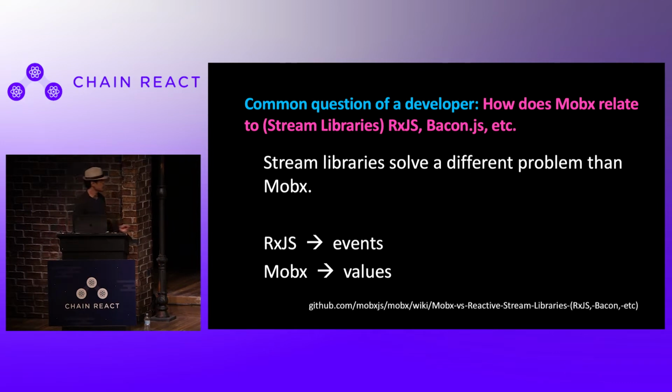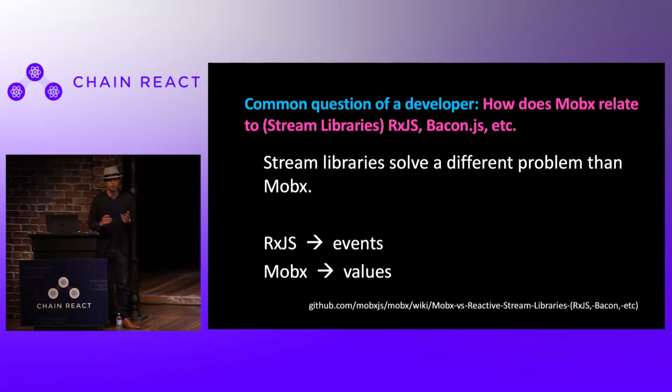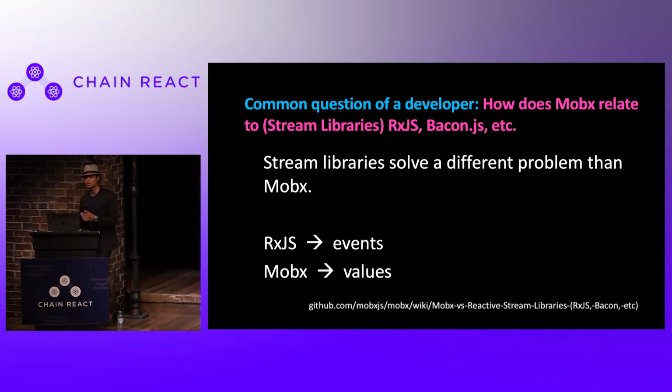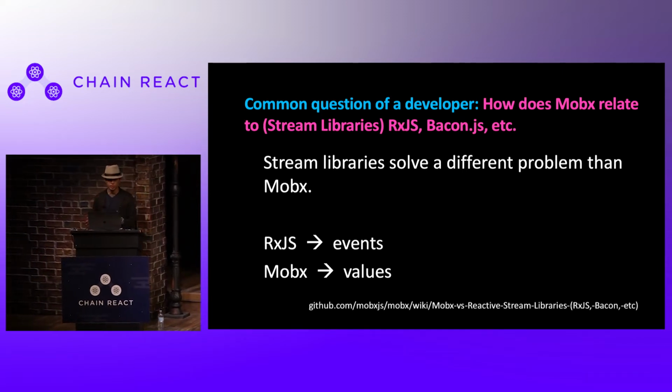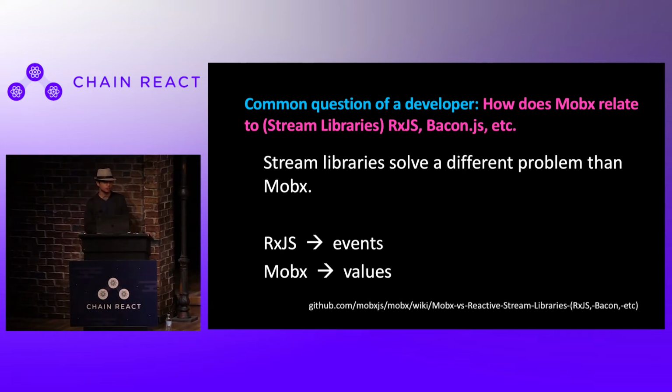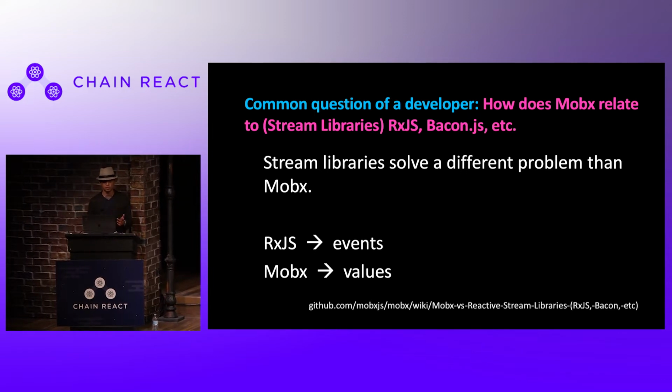Now, a common question from developers here is, how does MobX relate to stream libraries like RxJS, Bacon.js, etc.? Stream libraries solve a different problem than MobX. RxJS helps you react to events, while MobX helps you react to values, which is the state, if you will.